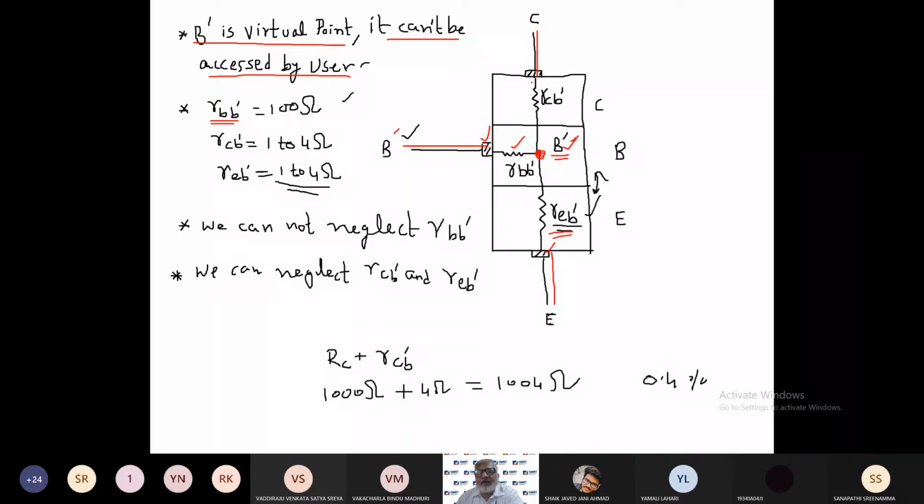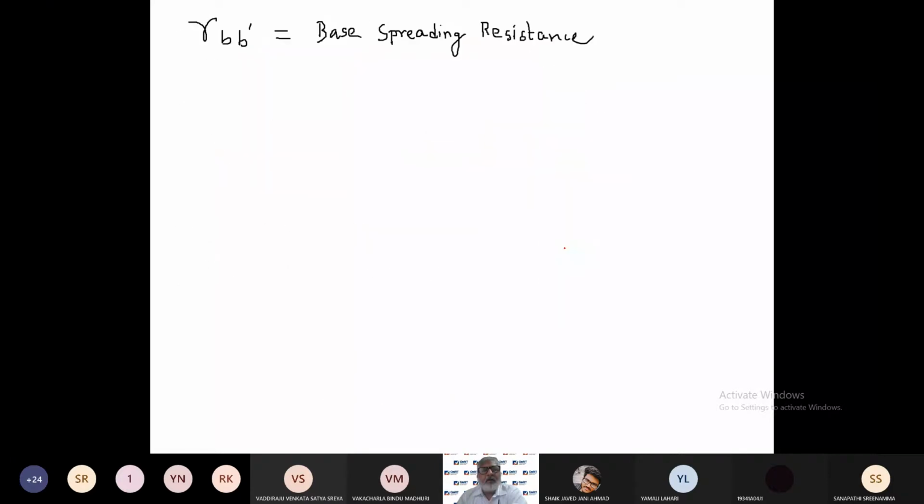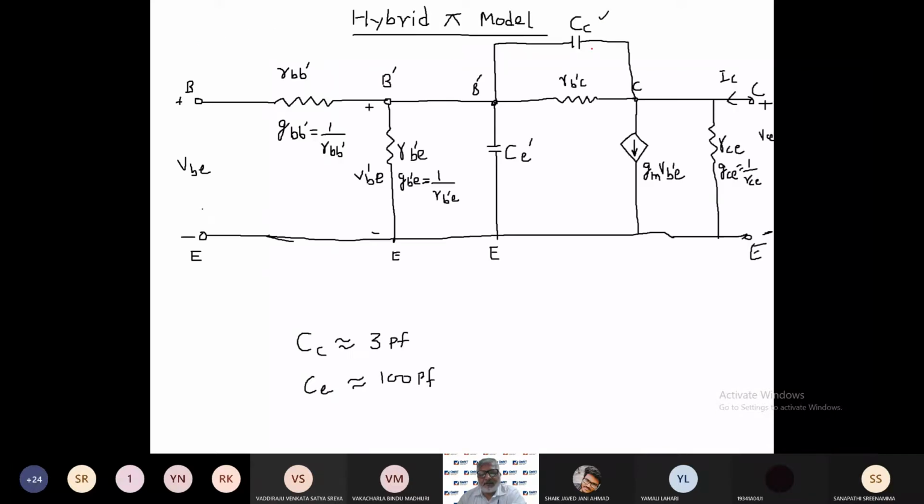Same way there is an internal resistance formed RCB dash. So this is formed between the collector terminal and virtual point. Okay. So now, this RBB dash is also called as base spreading resistance, right?